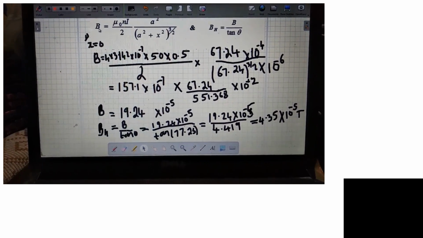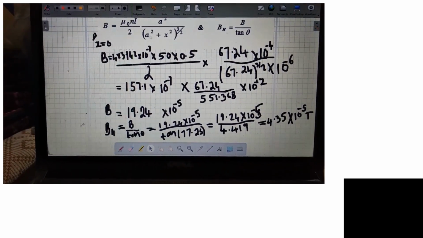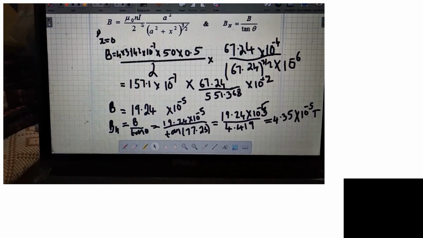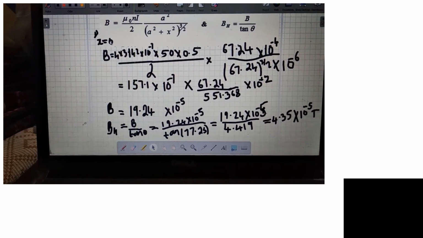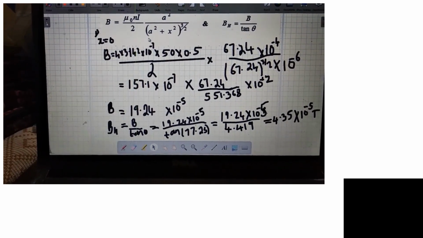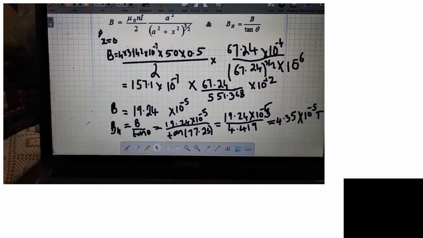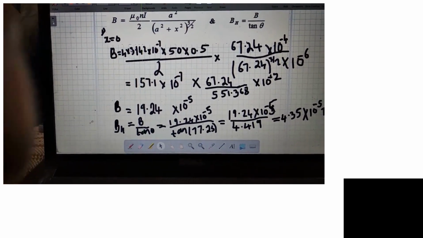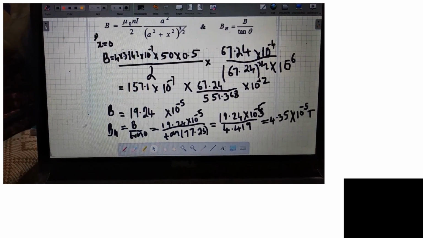We have to calculate the magnetic field for different values of x and different values of I. So first, let me take x equal to 0 and I equal to 0.5. Mu naught value is 4 pi into 10 to the power of minus 7.